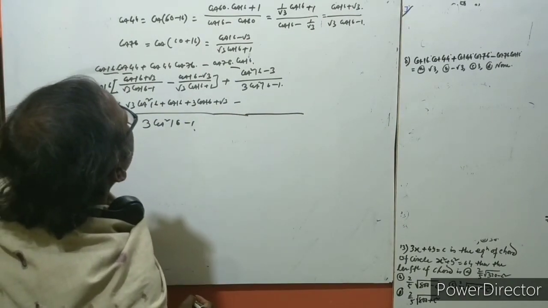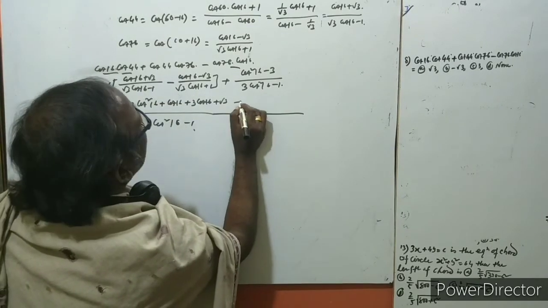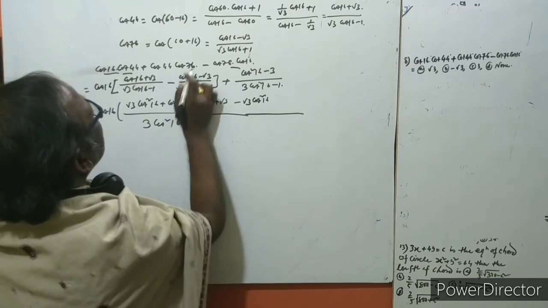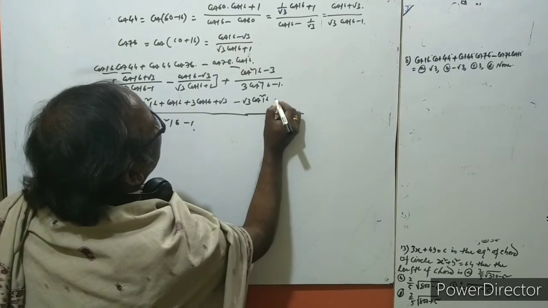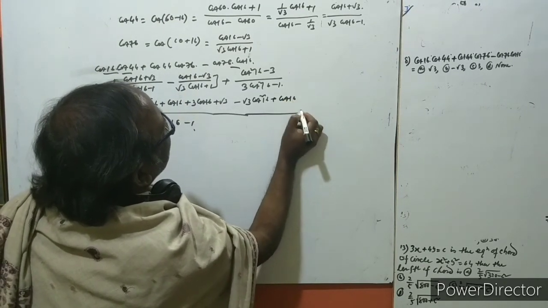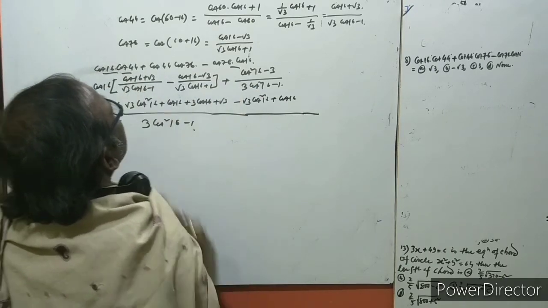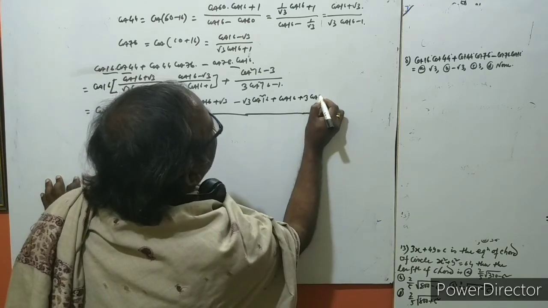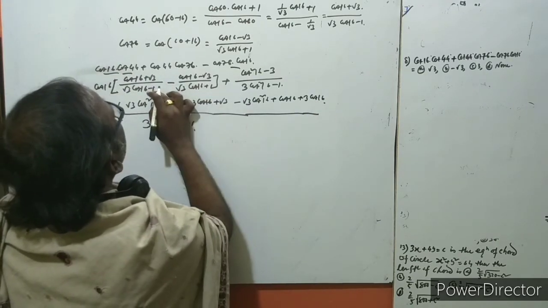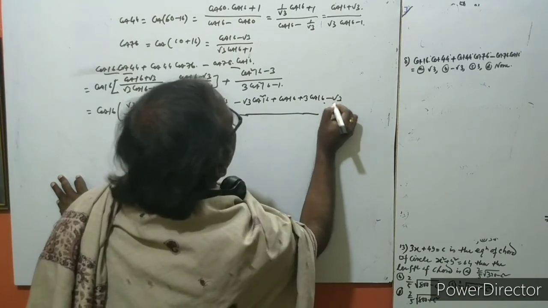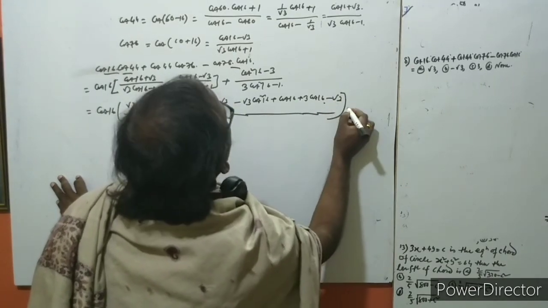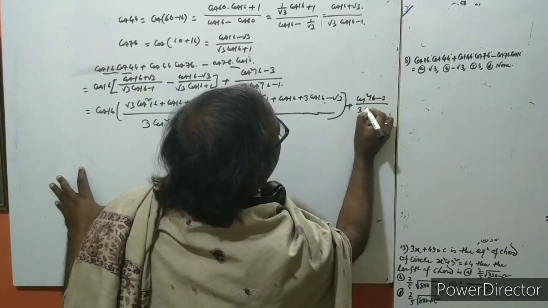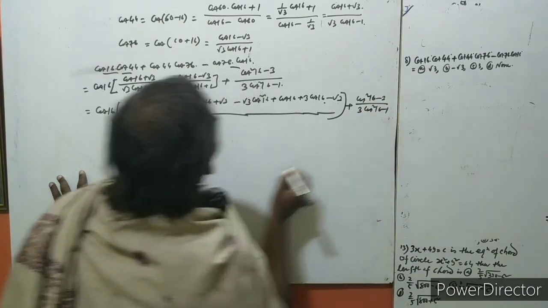Okay, these both are minus. Now root 3 cot square 16, and this is here minus, so we can write here plus cot 16. Again this is here minus, so plus 3 cot 16. Again this is plus, we can write here minus root 3. Okay, and plus cot square 16 minus 3 over 3 cot square 16 minus 1.